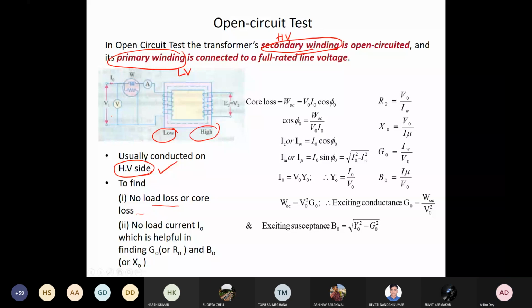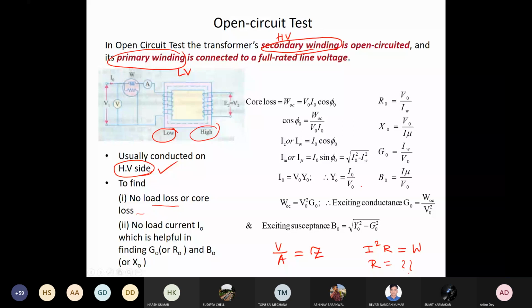V by I will give you your impedance. I squared R is equal to your W, so you can find out your R from here. And if you know your R, then from there you can find out your impedance.